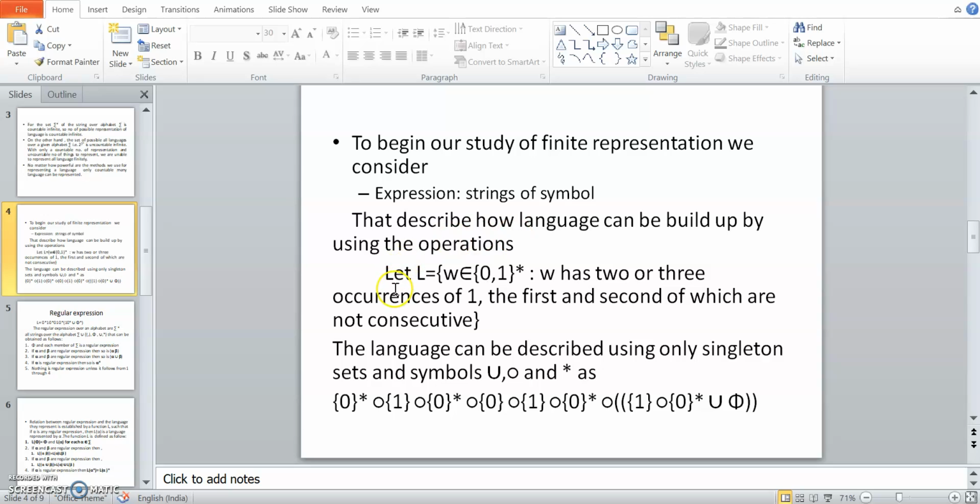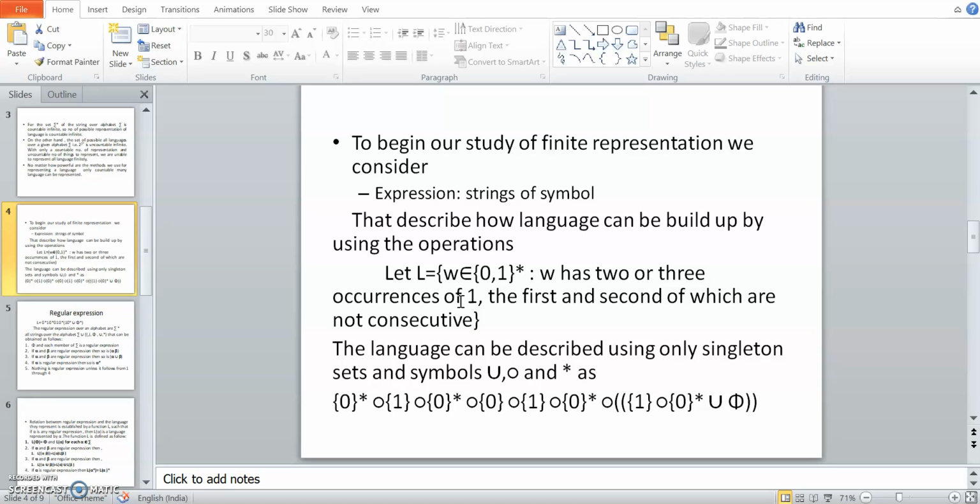Let's say L is a set of strings W which belong to {0, 1}, where 0 and 1 is the alphabet set sigma in this case, such that each string W has 2 or 3 occurrences of 1, the first and second of which are not consecutive. So how could I use my language representation method here?